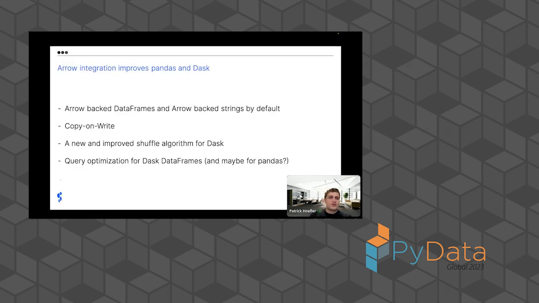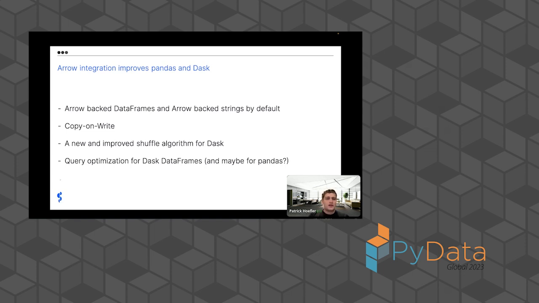We will talk about a bunch of different things. Pandas started moving more towards Apache Arrow for certain parts of the API a couple of years ago. And this resulted in a number of features that are very helpful for usability, performance, and memory consumption.